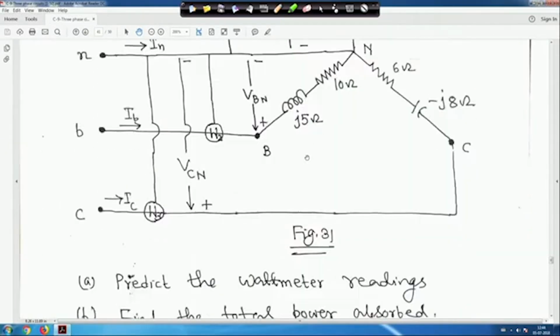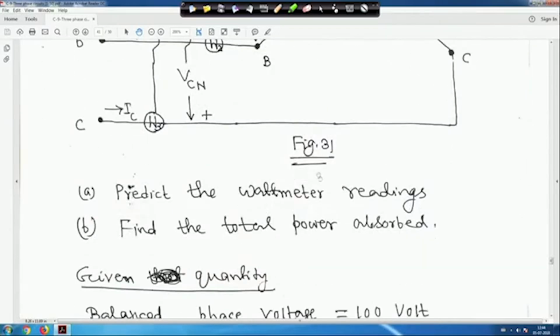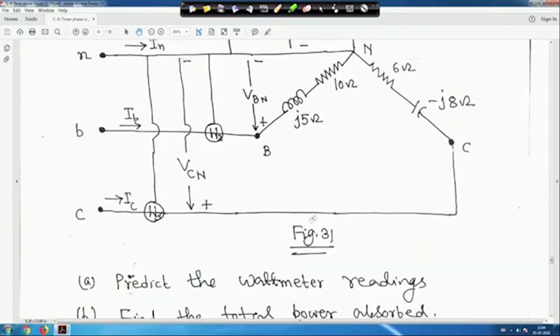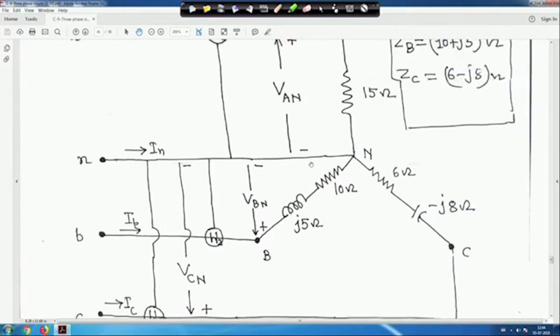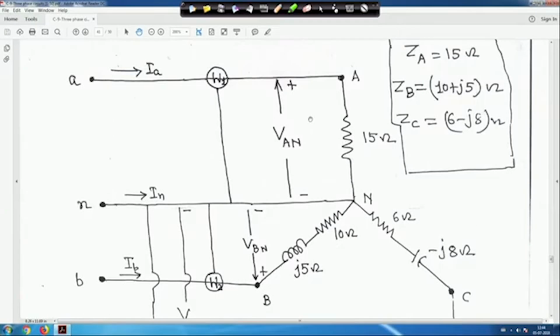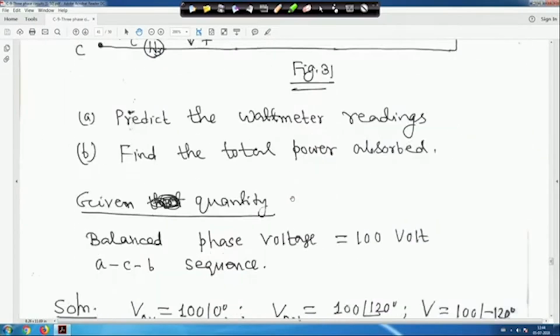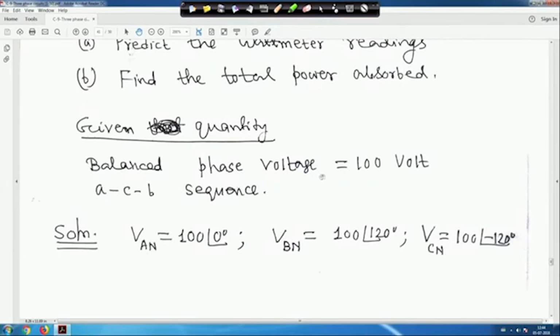Now, in this case, predict the wattmeter readings and find the total power absorbed. It is unbalanced, so in that case you first find out IA, IB and IC. It is given as ACB sequence, that means the balanced phase voltage is 100 volt.